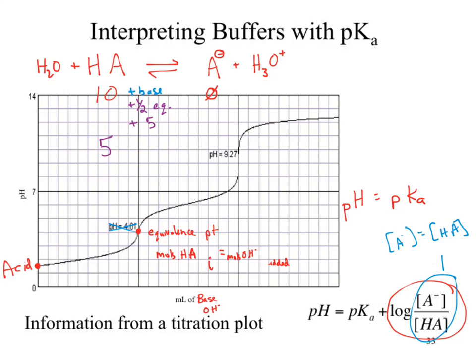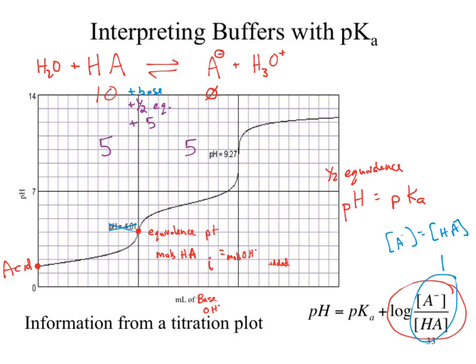Okay, where did that 5 come from? Well, we reacted HA and turned it into A minus. So at the exact half equivalence, the concentration of HA equals the concentration of A minus. That now takes us to this pH equals the pKa. So that happens only at the half equivalence point.